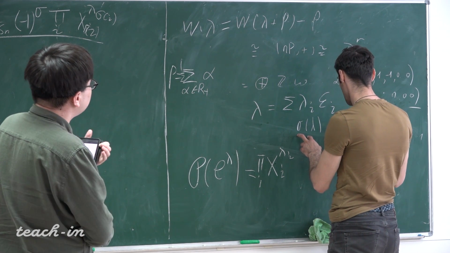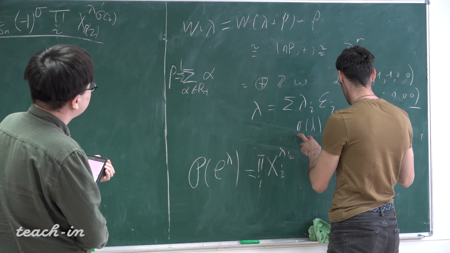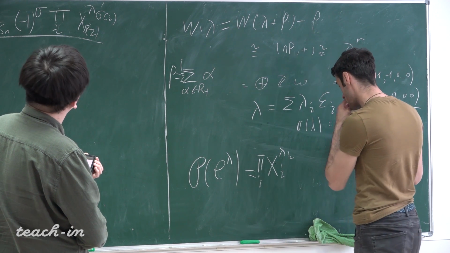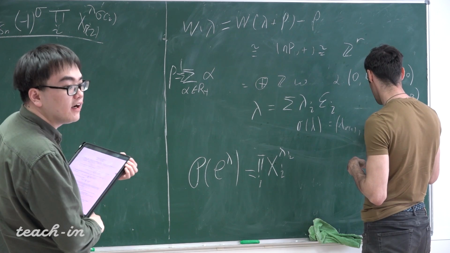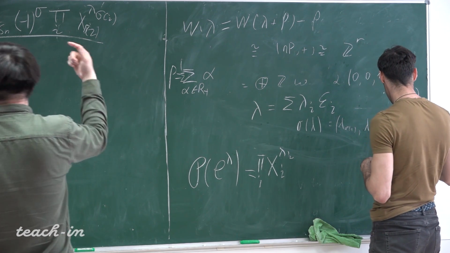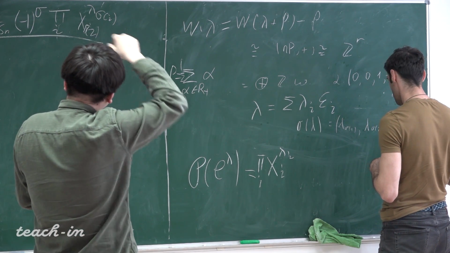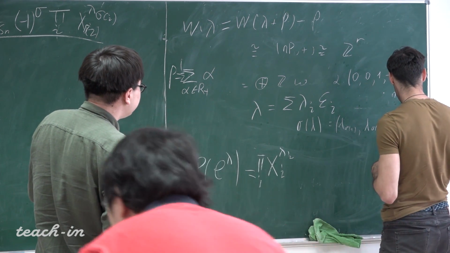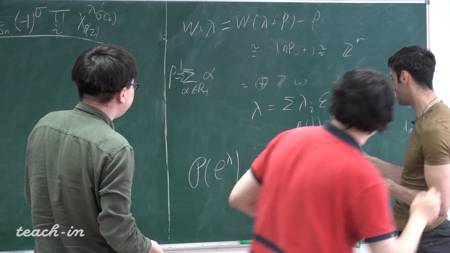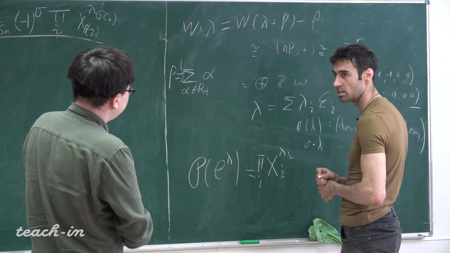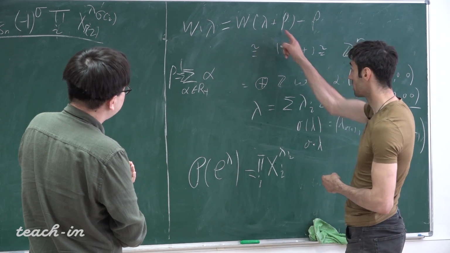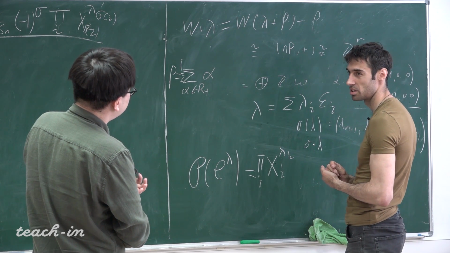It's just lambda sigma, maybe sigma inverse here. But then you need not sigma, but sigma dot lambda, which is related to sigma of lambda by this.